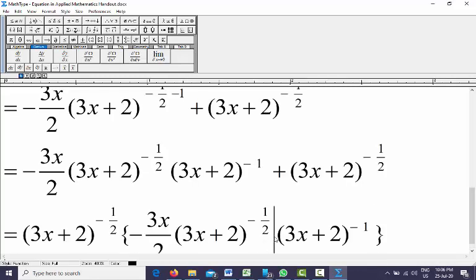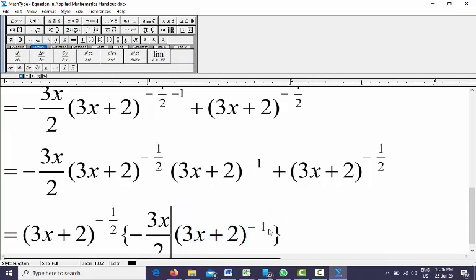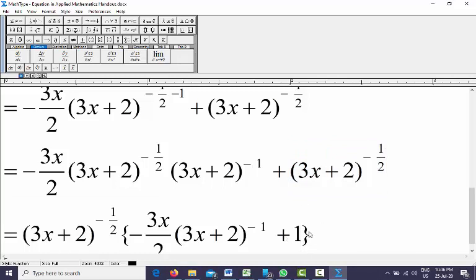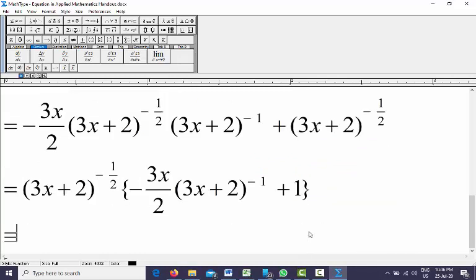That means we have already taken this one common, this one will be out, and then plus, here you will get only 1, right.